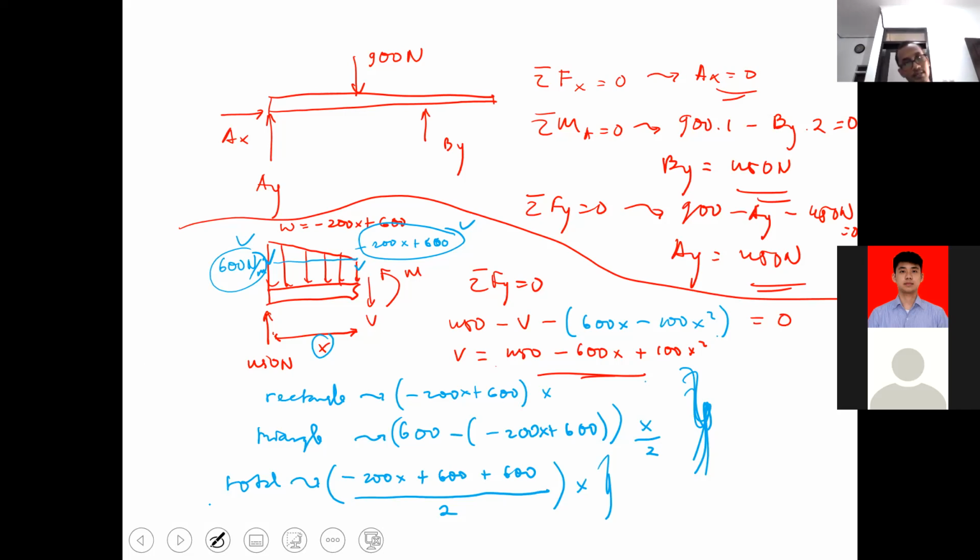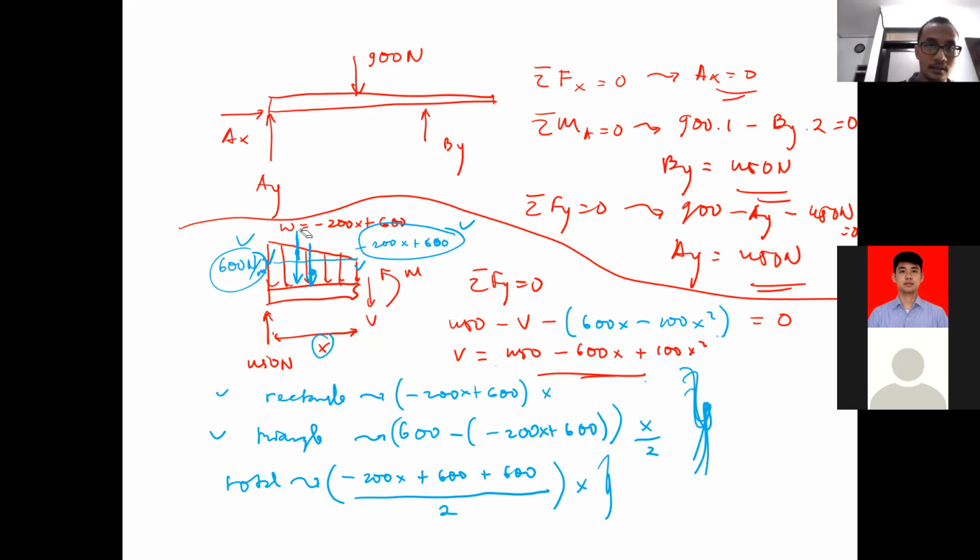Okay, this one, the calculation is very long, yes, but it can be done. For the moment, in terms of moment, I think it's better for you to just use rectangle and triangle, because for the rectangle, we know the center of the location is in the middle, like this, x per 2, and for the triangle, the location is 1/3 from the left edge here.